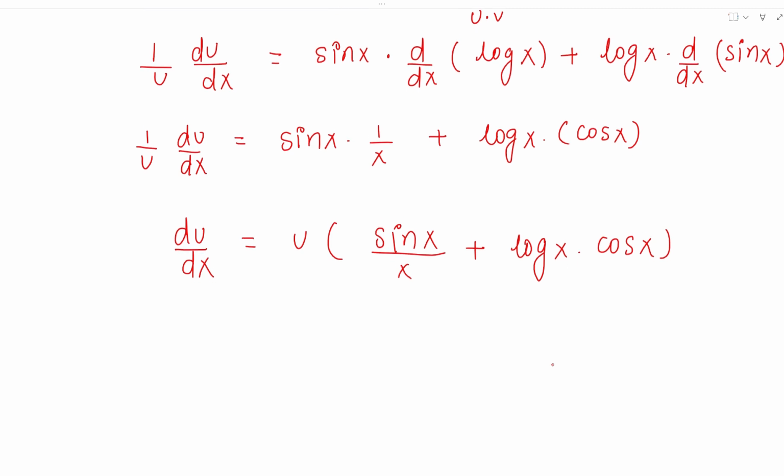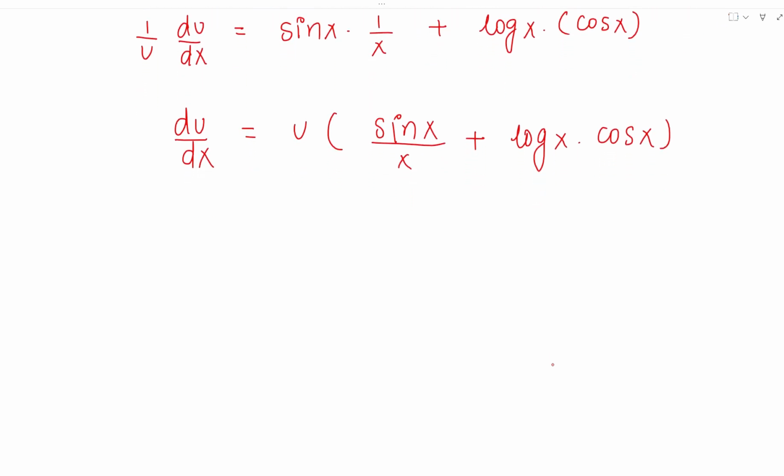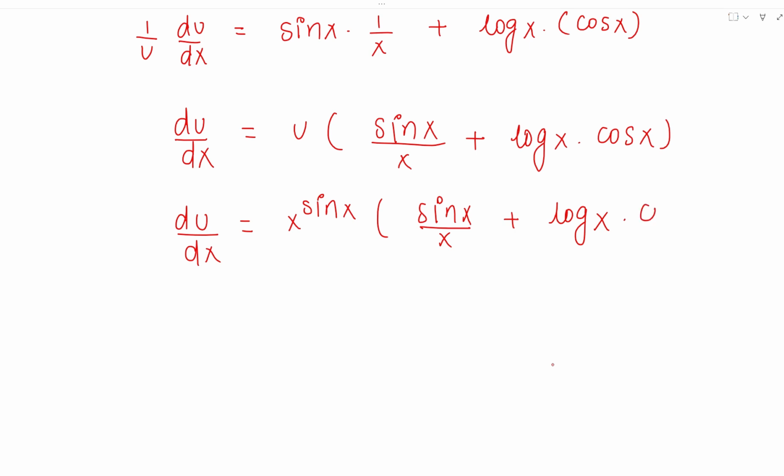Now substitute the value of u, so du by dx equals x to the power sin x times sin x divided by x plus log x into cos x. So we get the value of du by dx.